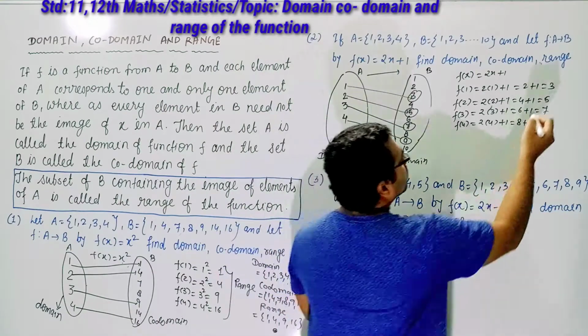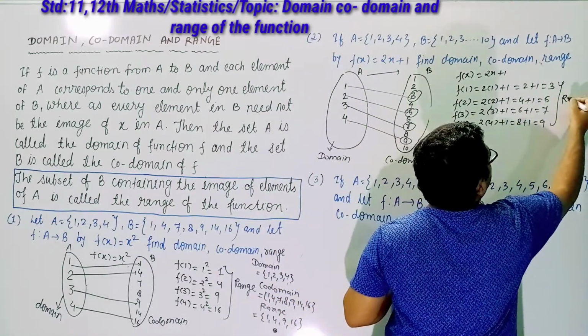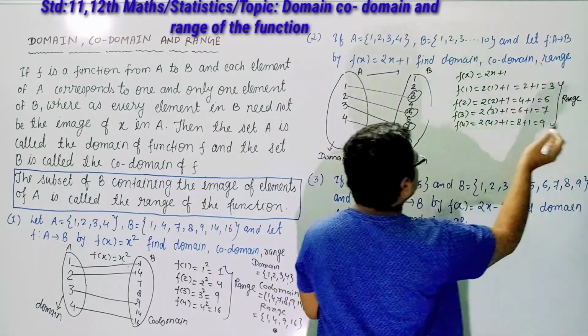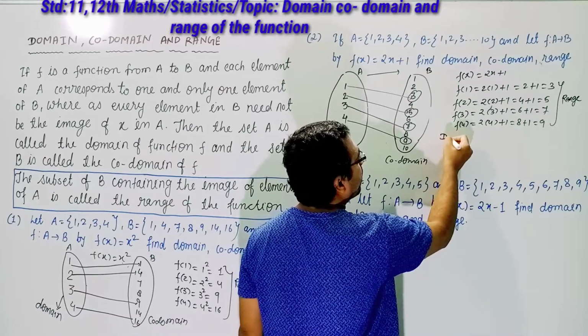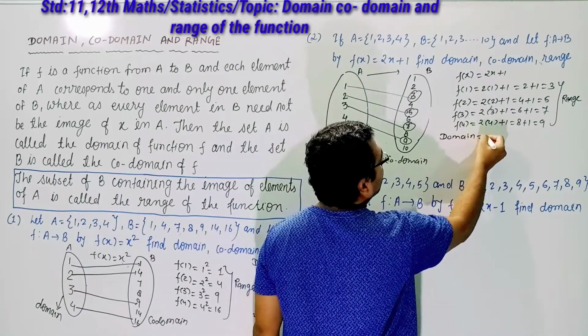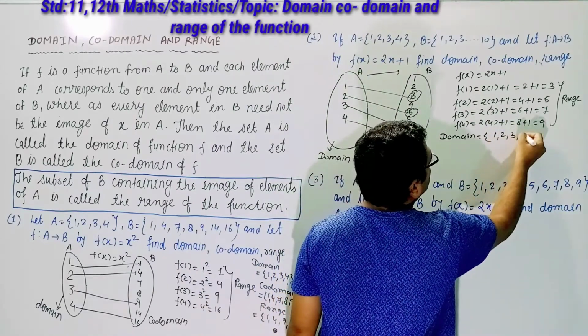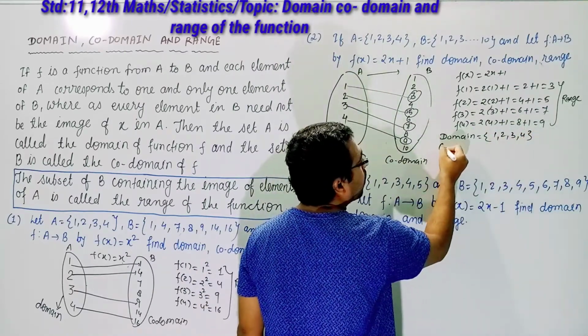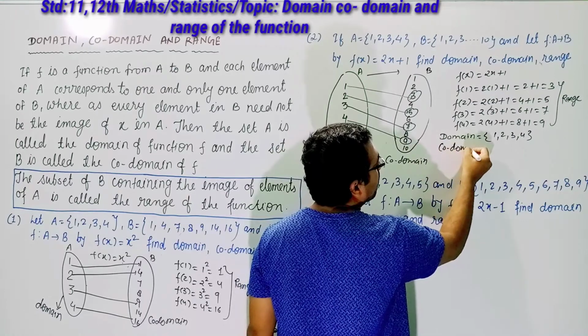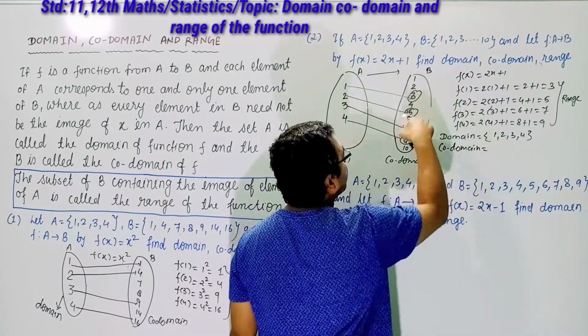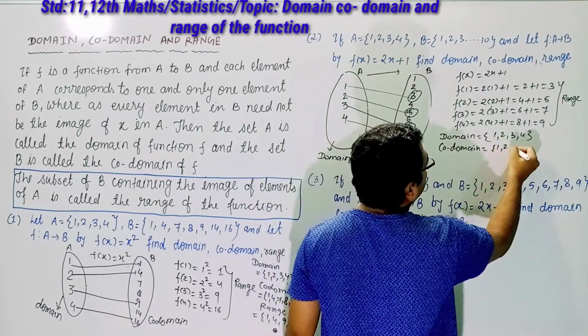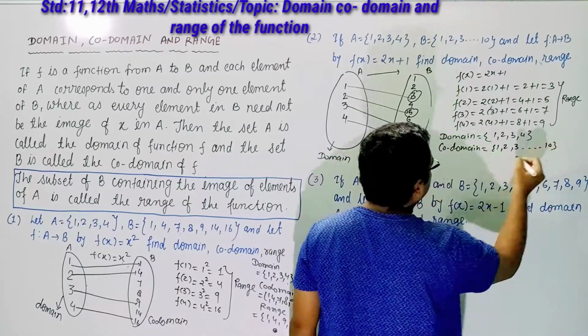Okay students, so these are the range. Here you can write: the domain is 1, 2, 3, 4. The codomain is 1 to 10, 1, 2, 3 up to 10.